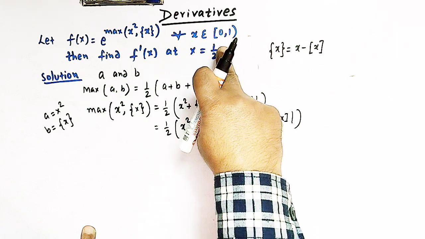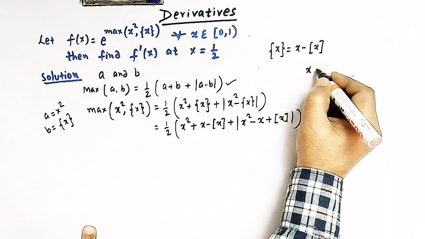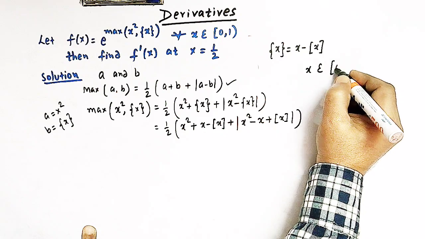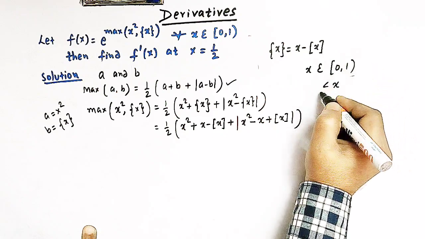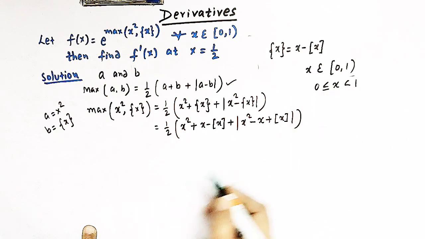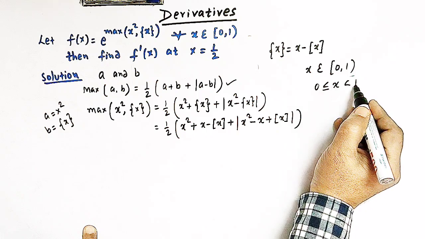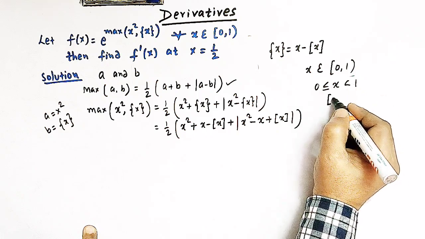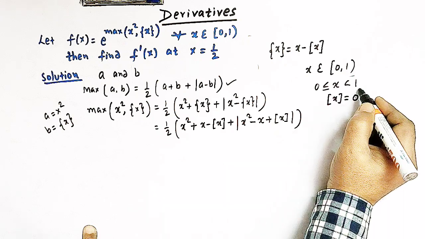Now we have this interval, that is x belonging to the interval 0 comma 1, that is x is greater than or equal to 0 but less than 1, right? Whenever x lies between 0 and 1, the greatest integer of x is always going to be 0, right?